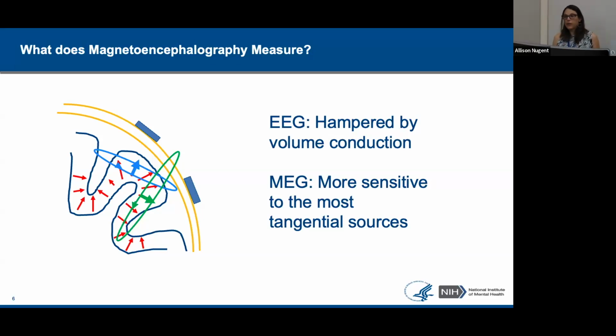In contrast, the magnetic permeability of biological tissues is similar to that in empty space, so signals won't be distorted. Now, even though I know MEG is more sensitive to tangential sources, it's really important to note that there are very few truly radial sources.